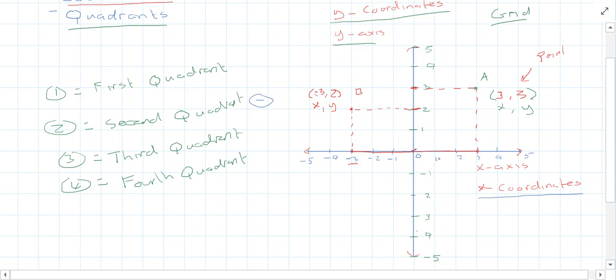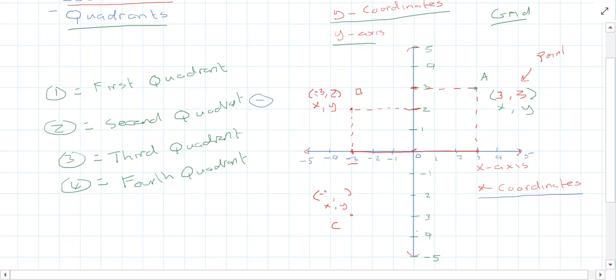The same thing if I wanted to put a point down here. Let's say I put the point here and call this point C. It's going to have an x value and a y value. Again we start at the origin in the middle and move across, and we can see that the x value is -3.